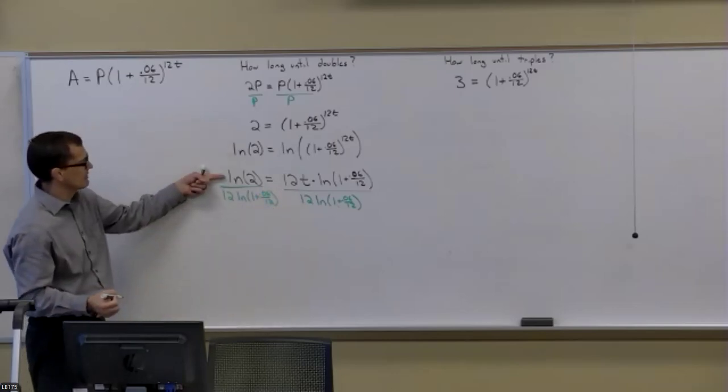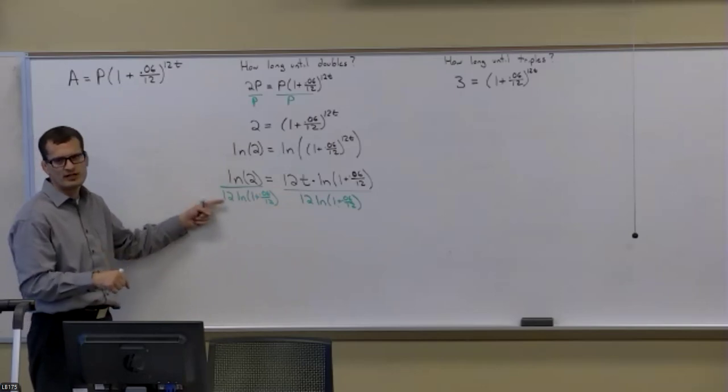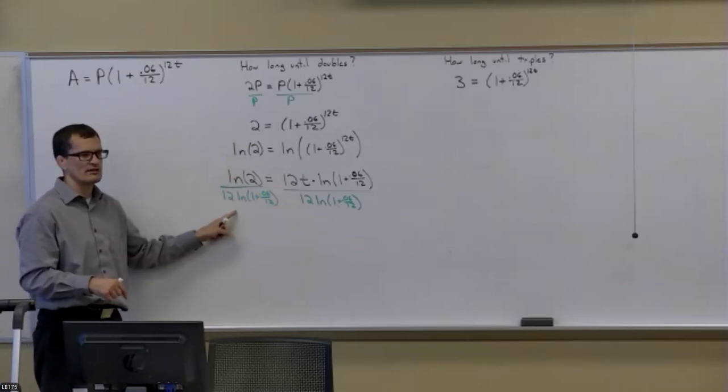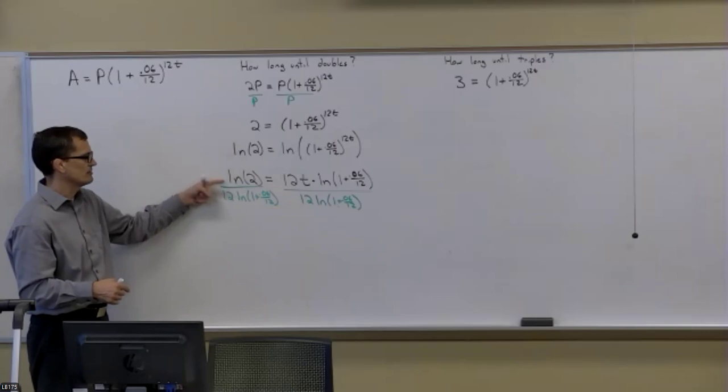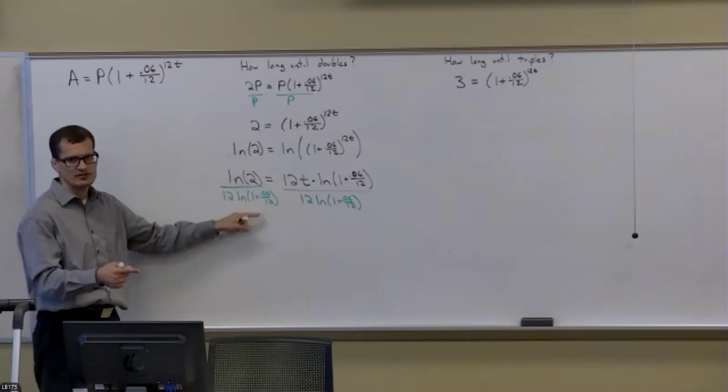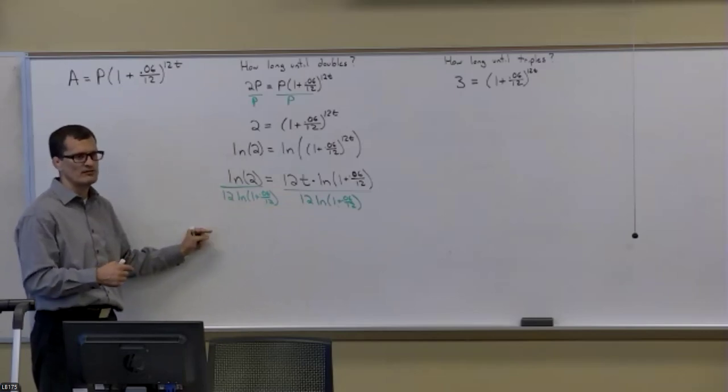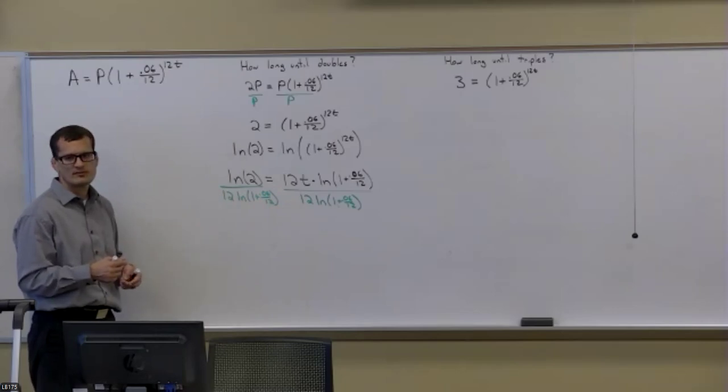So take natural log of 2 divided by 12, hit enter, then divide it by this other natural log. Or natural log of 2 divided by this natural log, hit enter, divide that whole thing by 12. That's what I typically do. Does that make sense?